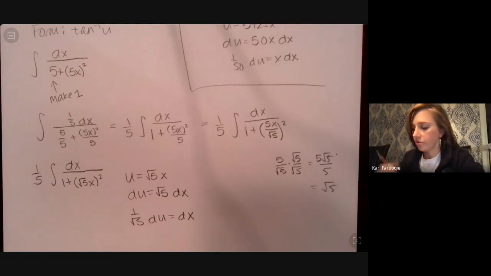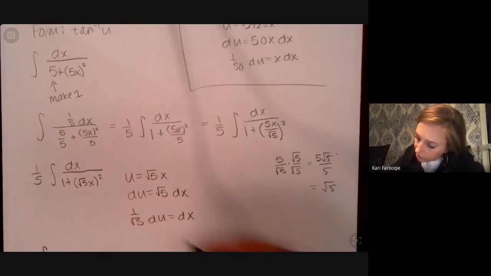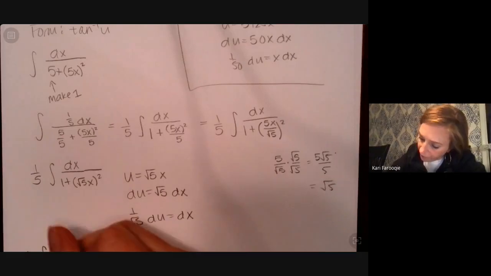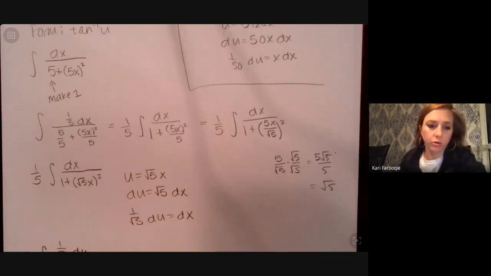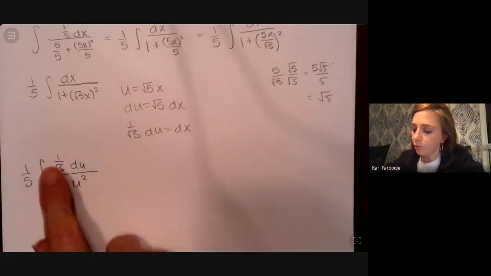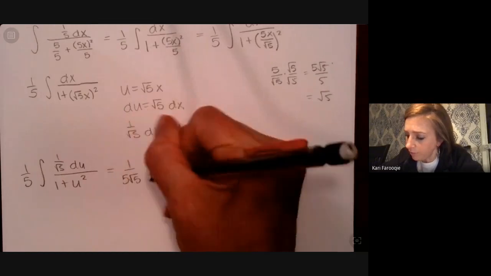Okay, and we're ready to sub it out. So this is 1/5 times the integral of 1 over the square root of 5 du divided by 1 plus u squared. And then, if you want, you can pull that root 5 out. You don't have to.